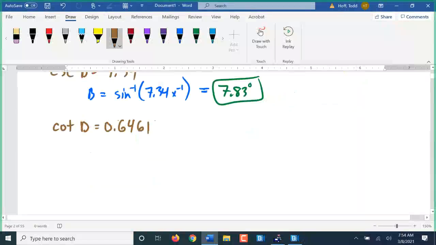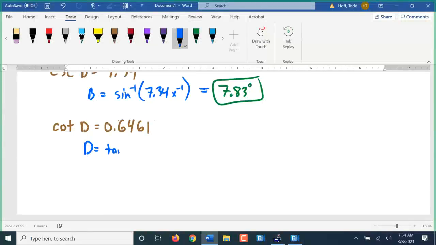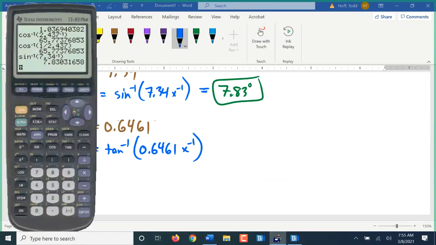If I tell you that the cotangent of D is 0.6461, of course, D is going to be the inverse tangent of 0.6461 with, again, the reciprocal key, the x negative 1 inside the parentheses, .13 degrees.